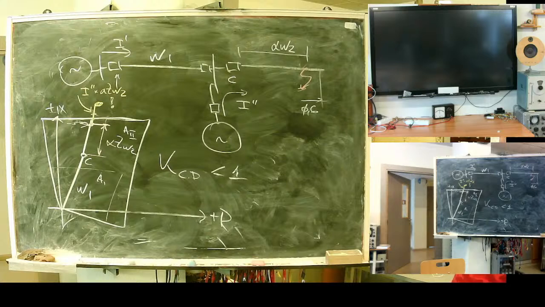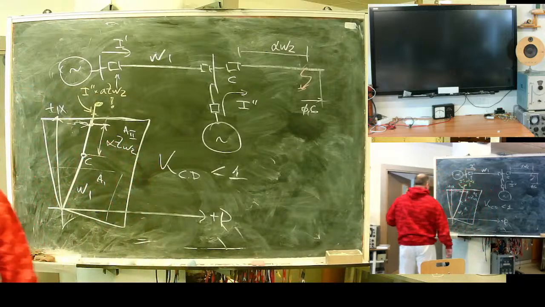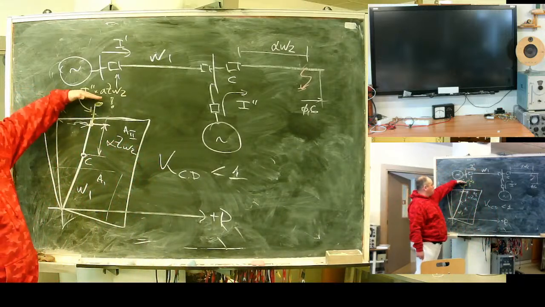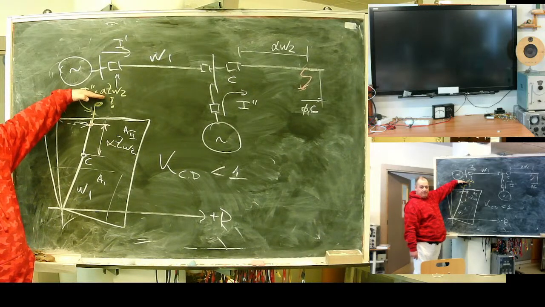Some scholars, some engineers propose to create settings on the basis of not the real, but the most probable current distribution. So they will propose to draw a border here.